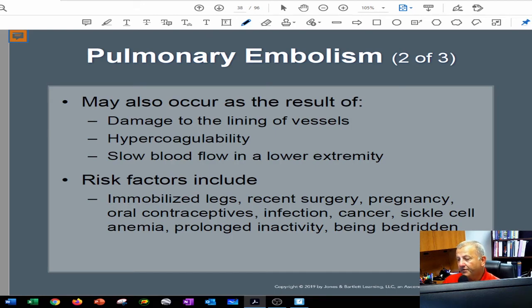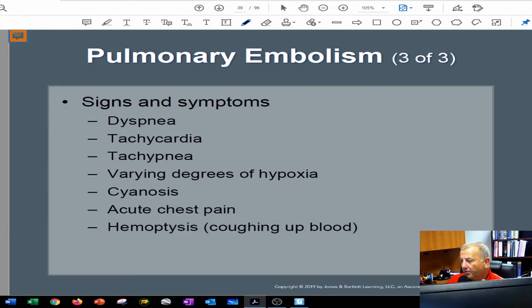So a lot of these result from a clot that started in the lower extremity and has worked its way up. So you have to be very suspicious for folks that have been immobilized for a while. Maybe they've had surgery, a hip fracture, something that's kept them immobile.